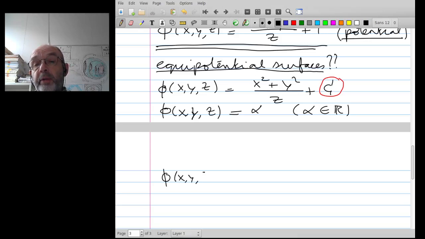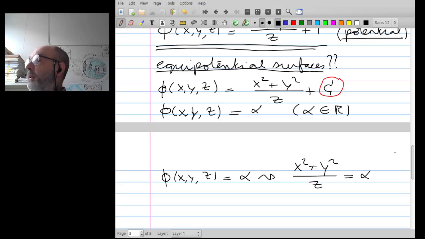Then we have the equipotential surfaces. This is the equation, and if we fill it in we get x squared plus y squared divided by z has to be equal to alpha.